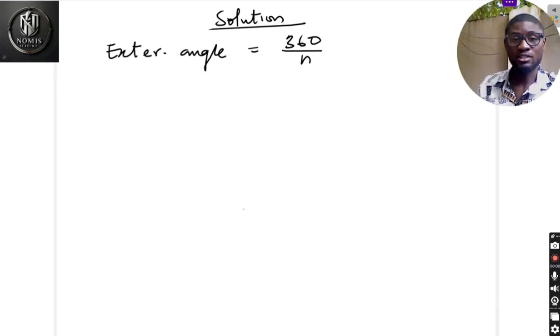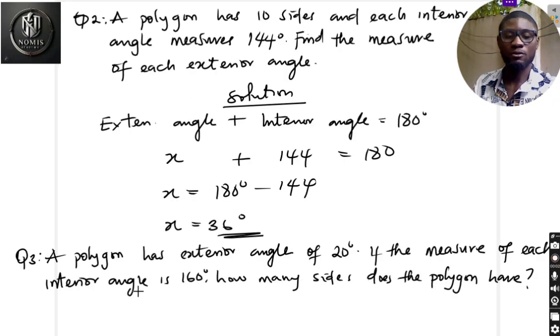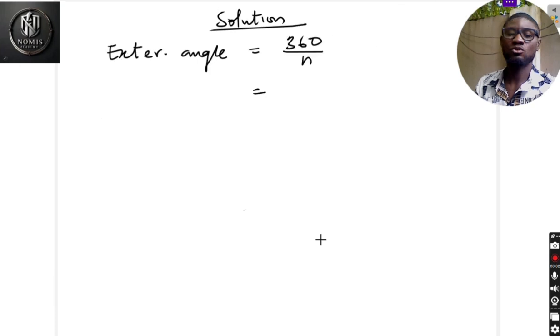So we said that the exterior angle is equal to 360 divided by n, and this has been given in the question to be 20. So 20 equals 360 divided by n.